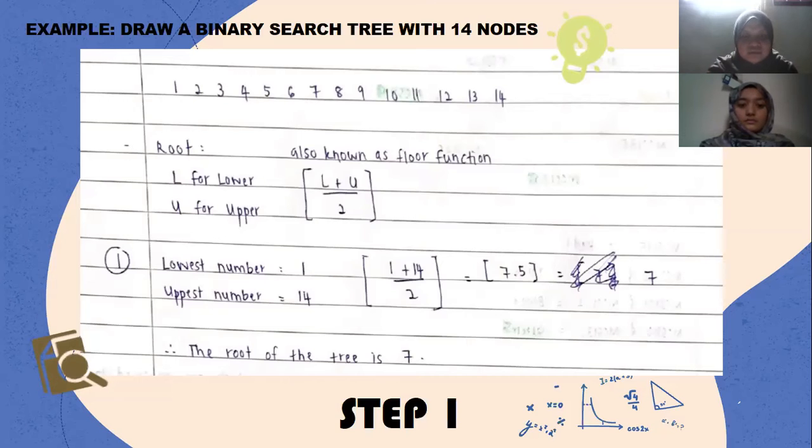So we put the numbers 1 and 14 in the formula, and we will get 7.5. We have to make it a whole number, so we will take 7, and for the first root, we get 7.